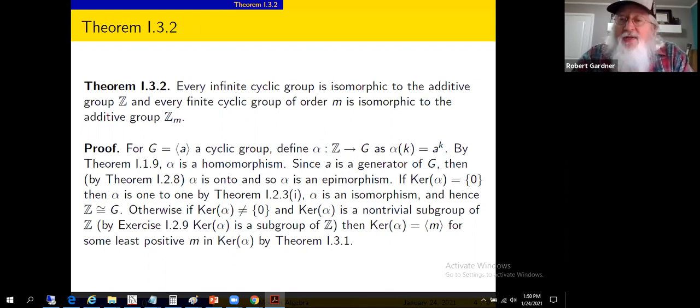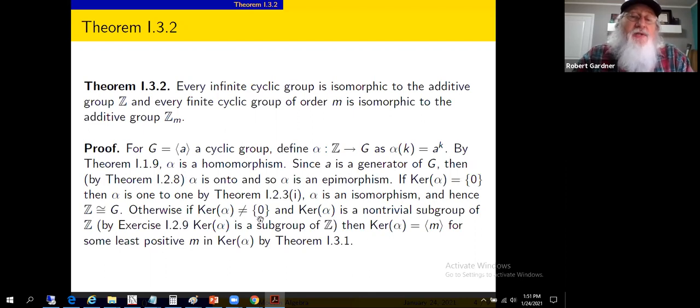But anyhow, if the kernel consists only of the identity here, then we got ourselves an isomorphism, and that isomorphism maps Z, the group of the integers, to group G. And so we've got the integers are isomorphic to G. And the claim was we either get isomorphic to G or isomorphic to these little subgroups. So if the kernel of alpha consists only of 0, then G is isomorphic to the integers.